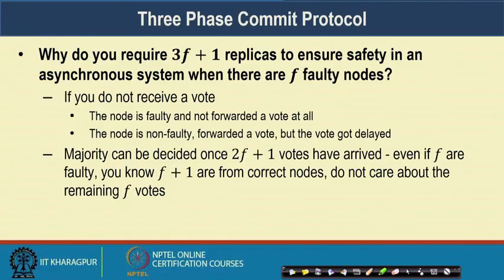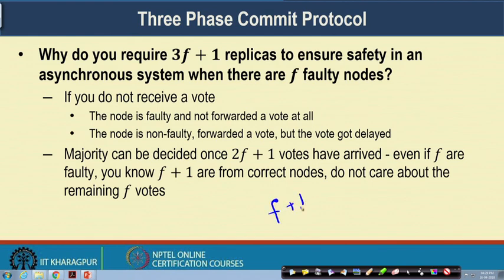To say it in other words, if you are getting f plus 1 votes, and all the f plus 1 votes are attack, then out of these f plus 1 votes, you know that f votes can be faulty.